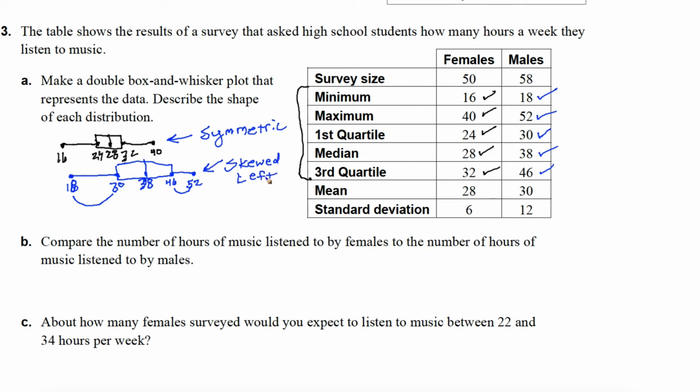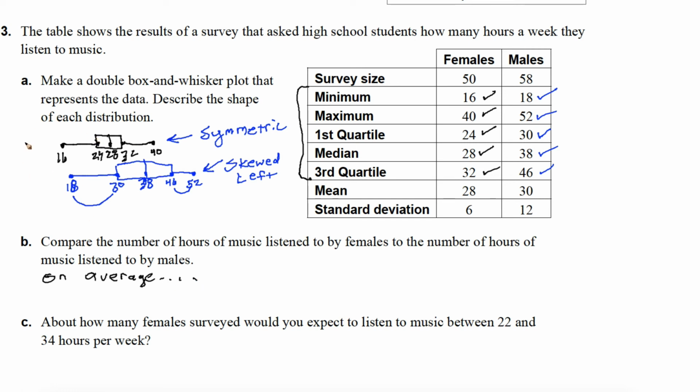Okay. B, compare the number of hours of music listened to by females to the number of hours listened to by males. We see that on average, the median, kind of the middle number. So we're going to say on average, what happens on average?